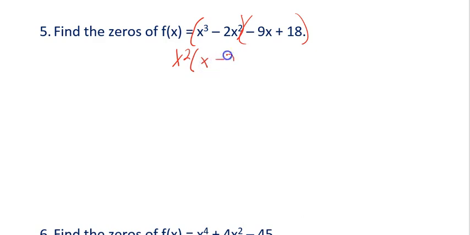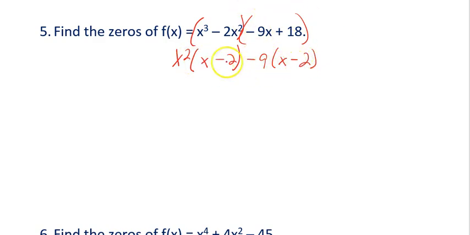That leaves you with x minus 2. In the second grouping, you have a 9 in common, but I'm going to take out a negative so that what is left matches what I have over here. So if I take a negative 9 out, that's going to leave me with x. It's going to change the sign because I'm taking out a negative here. So x minus 2.